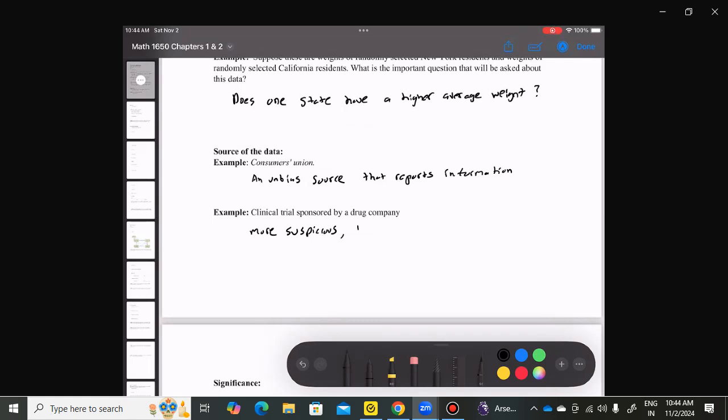The drug company is invested in the research and probably has goals to have particular outcomes. So that's why a lot of companies will send clinical trials more towards third parties, research groups, or even colleges to actually conduct that analysis.